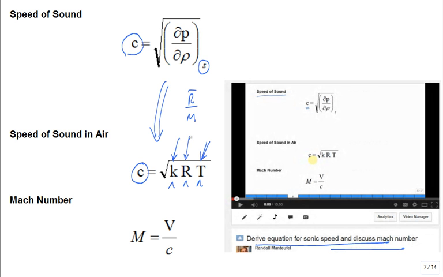So if you leave the temperature alone, but you change the gas. Let's say you change from air, which has a molar mass of around 29 kilograms per kilomole, true, 28.97. Let's say you are at a birthday party and you change it to helium. Okay, tell me a little bit about the molar mass of helium.